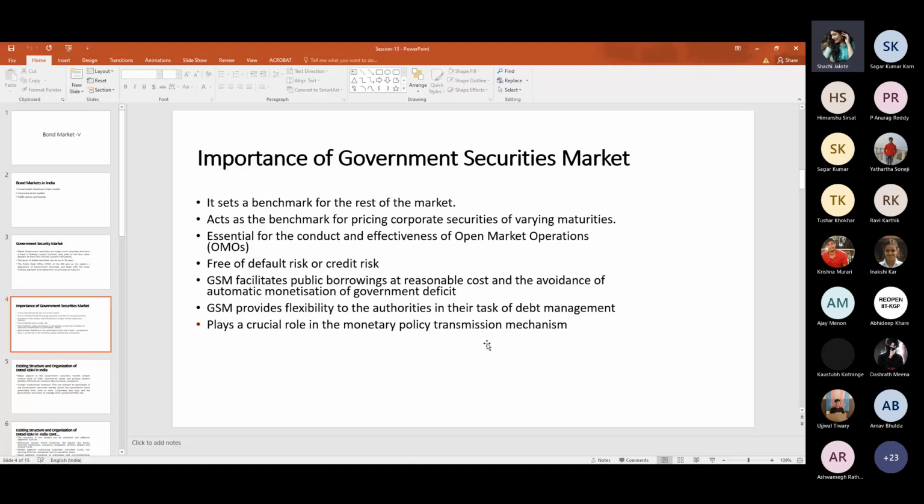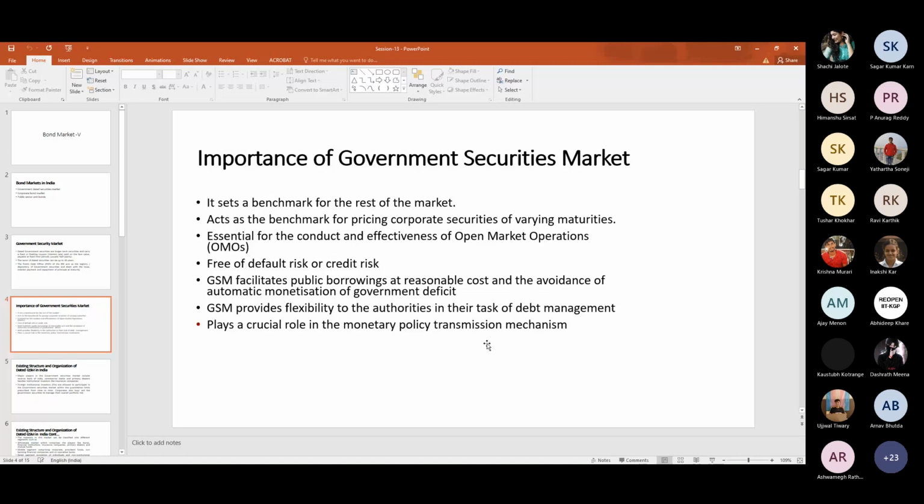And the government securities market basically facilitates public borrowing at reasonable cost and the avoidance of automatic monetization of the government deficit. Anyway, that has already been abolished, which we discussed when we were discussing the treasury bills market.